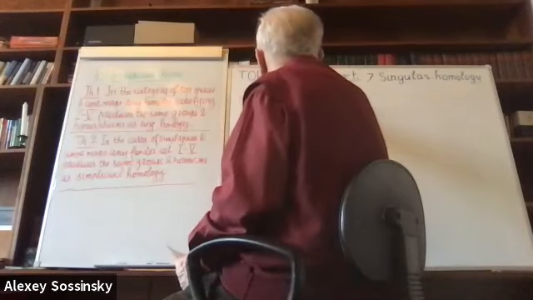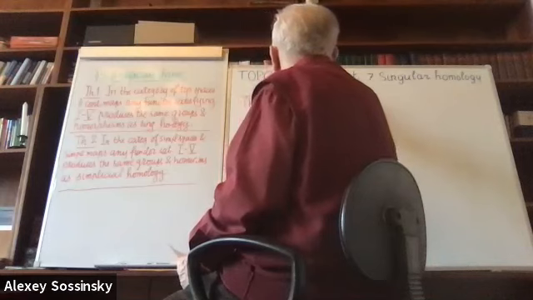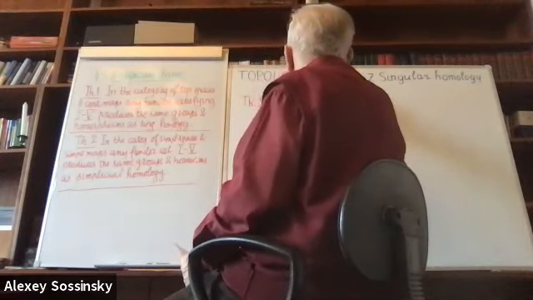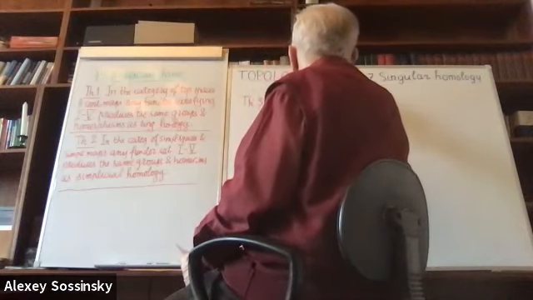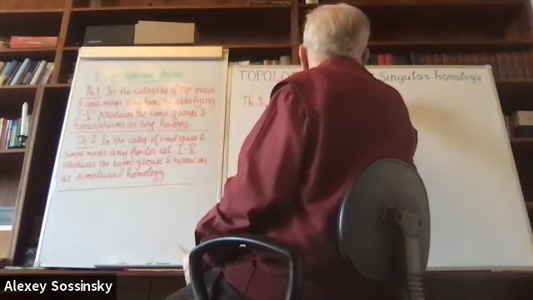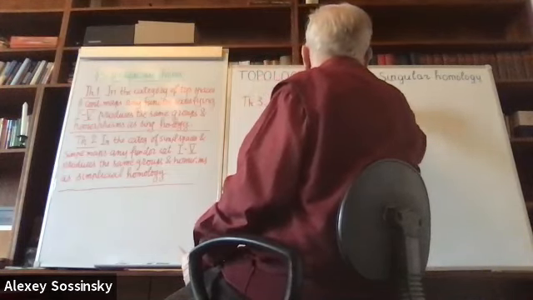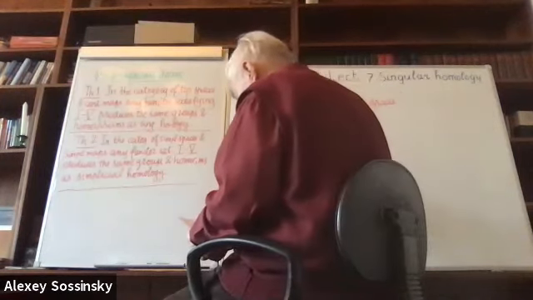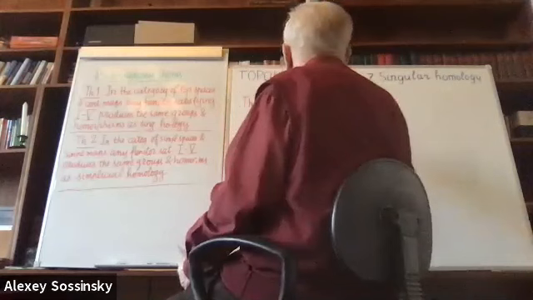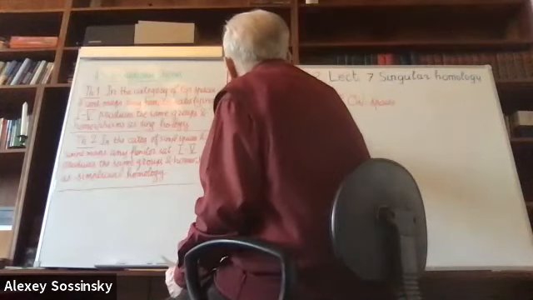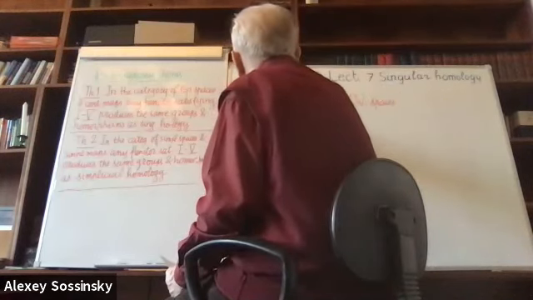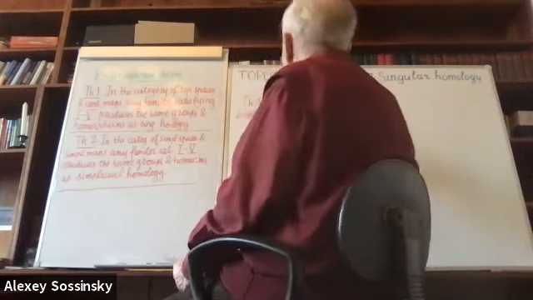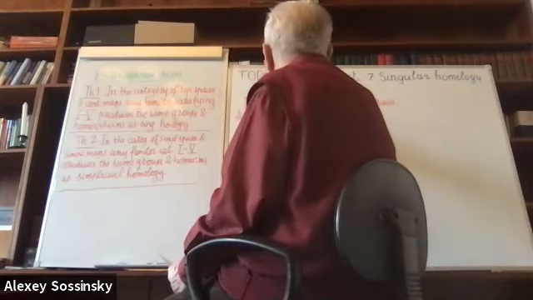On the category of CW spaces and cellular maps. You still remember what a cellular map is, by the way?